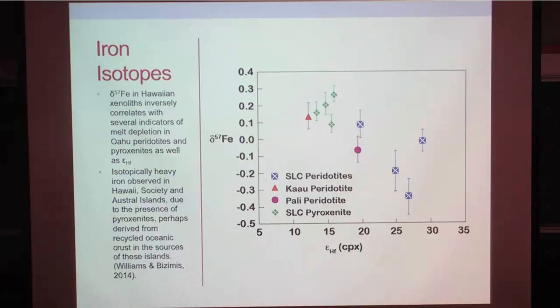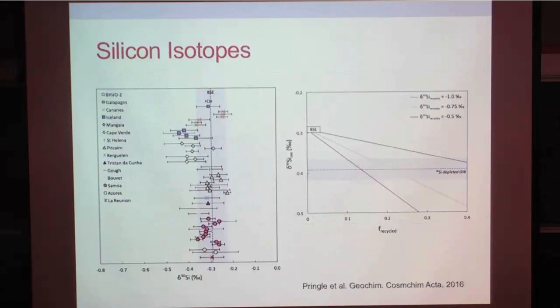Now, the authors suggest that there's some different fractionation in iron between clinopyroxene and olivine, and they're arguing for the presence of pyroxenites in oceanic island basalt sources. Whether that's the correct interpretation or not, I'm not sure, but nevertheless, again, we see a correlation between a stable isotope and a radiogenic one.